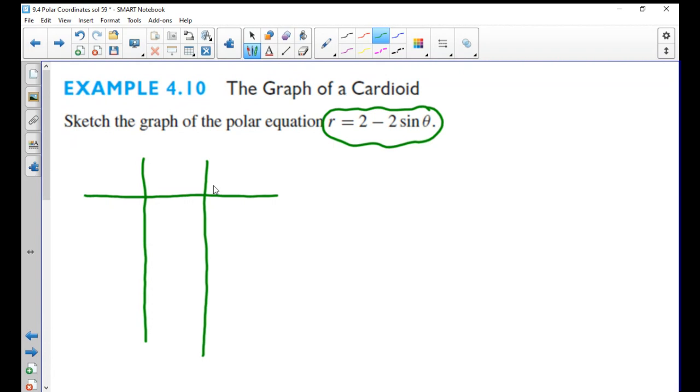So let's say theta in each interval. In each interval, we take some values of theta. So here, again, I will take 0 and then find the r and graph.